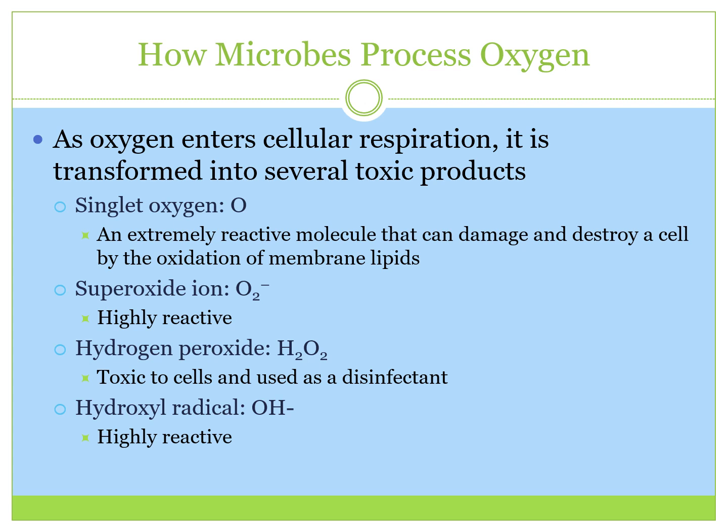So the four types of toxic products that can be produced from microbes processing oxygen in cellular respiration are the following: a singlet oxygen, which can be really reactive and cause damage, and a superoxide ion, which is also highly reactive.